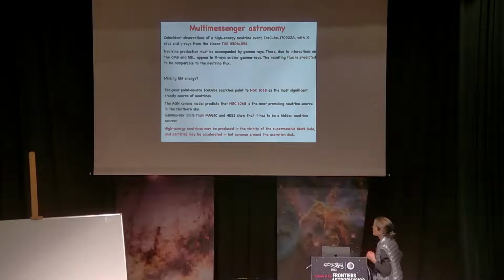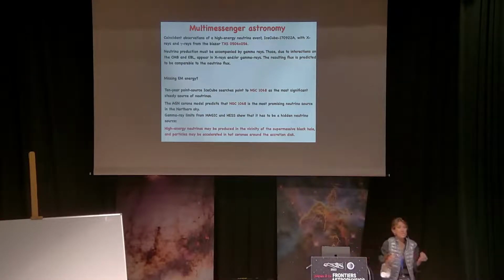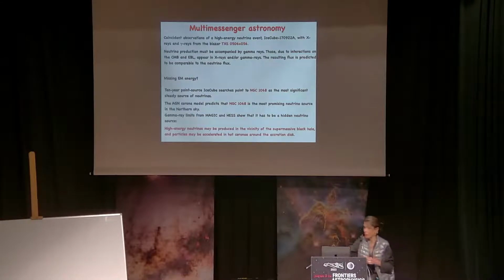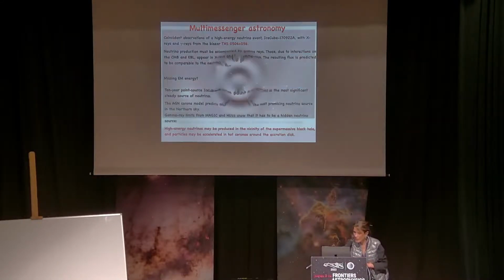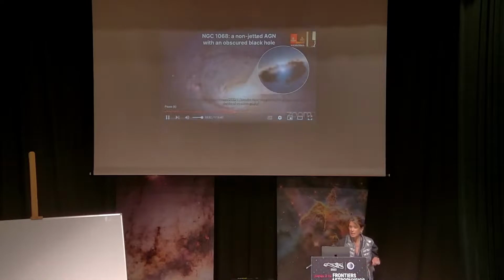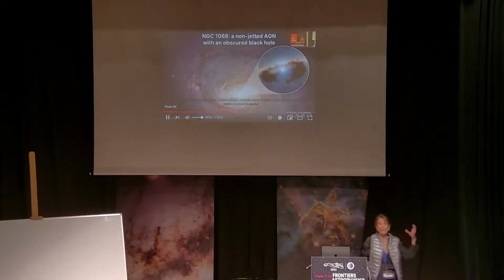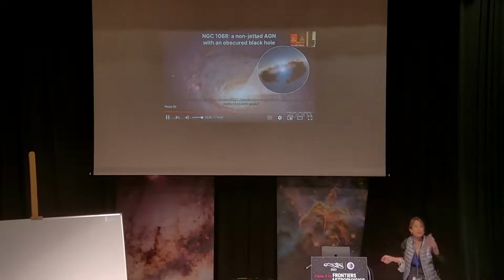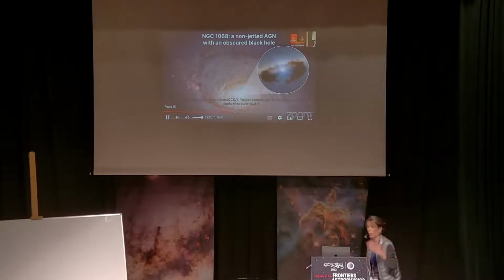Gamma ray limits from H.E.S.S. and MAGIC have demonstrated that it should be a hidden source, in the sense that there are no gamma rays coming from there. Here I show you this cosmic obscure accelerator in the Messier 77 galaxy, known since 1700-something. It was discovered long ago. It's a non-jet AGN with an obscure black hole.